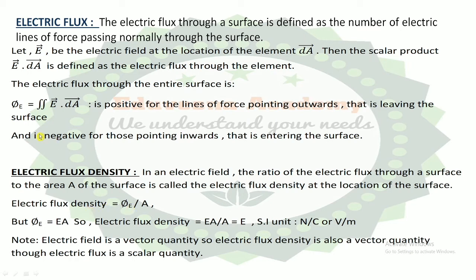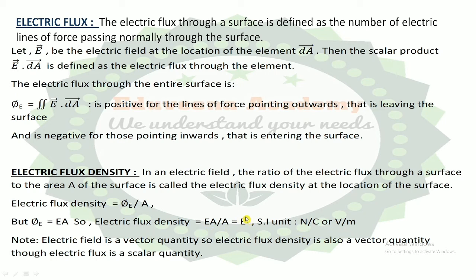Now phi is basically E dot dA or EA, and electric flux density is phi by A. So EA by A is equal to E. So the electric flux density is basically the electric field. So the SI unit of the electric flux density is the same as the electric field, that is Newton per coulomb or volt per meter.